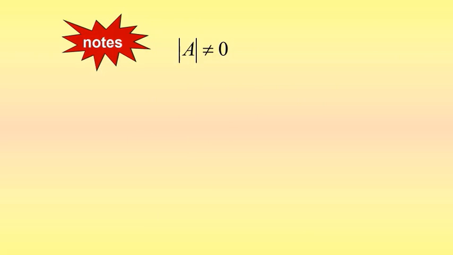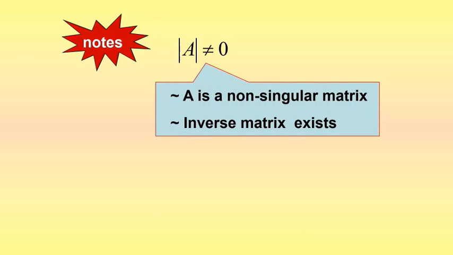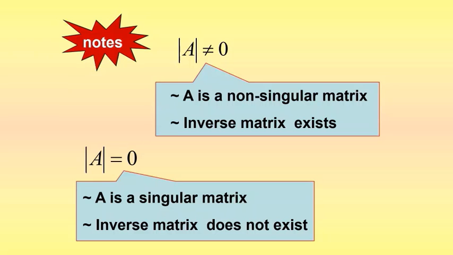When the determinant is not equal to 0, the matrix is a non-singular matrix, therefore the inverse of that matrix exists. And what happens when the determinant equals 0? A is a singular matrix, and the inverse for this matrix does not exist.